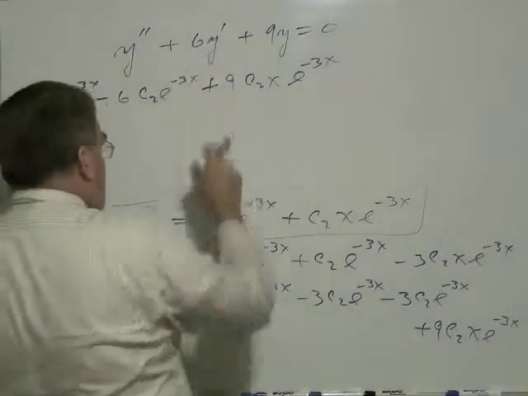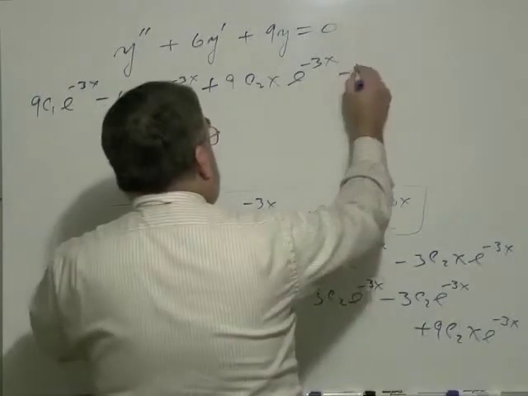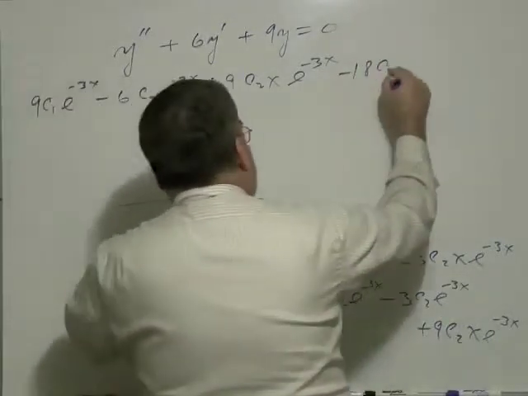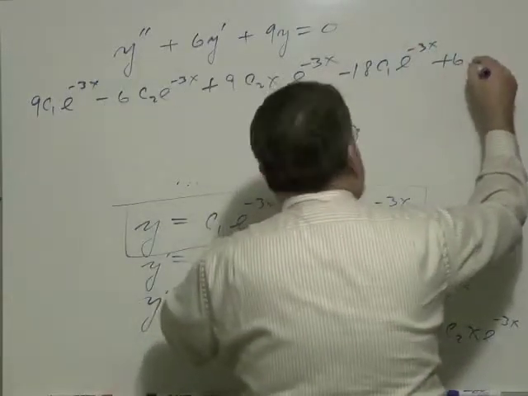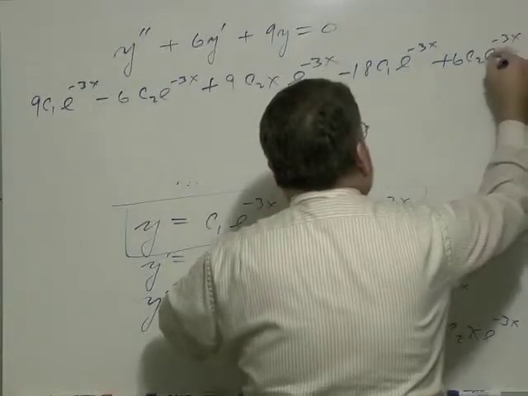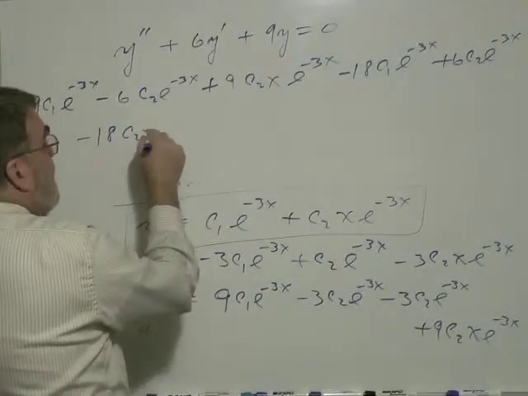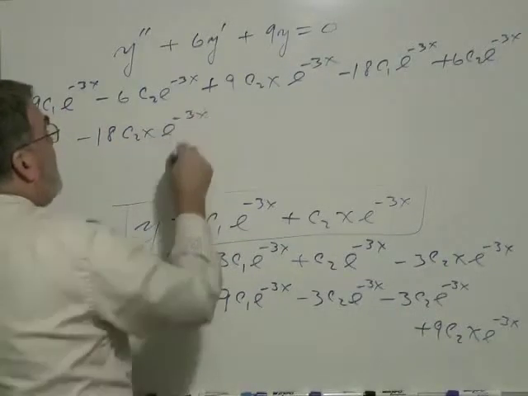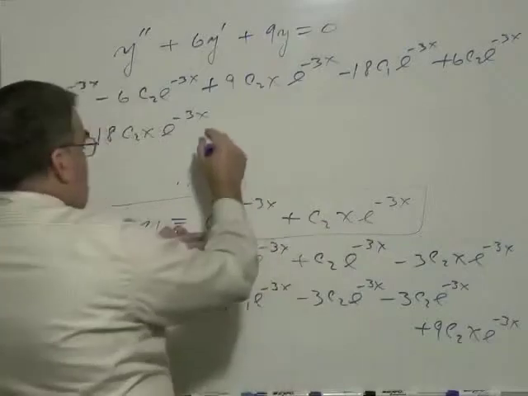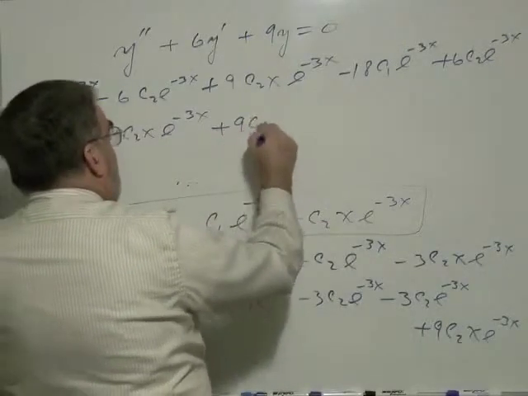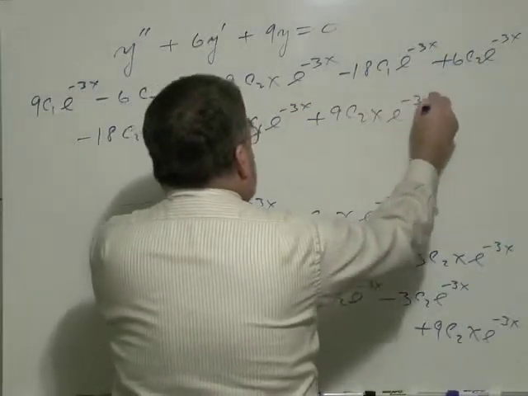And then we have plus 6 times y prime, so 6 times all of this would be minus 18c1 e to the -3x plus 6c2 e to the -3x minus 18c2x e to the minus 3x. And finally we have 9 times y, so plus 9c1 e to the negative 3x plus 9c2x e to the minus 3x.